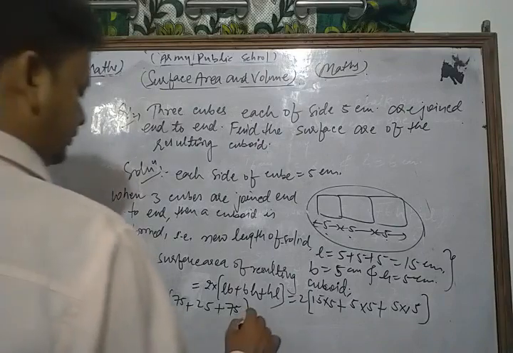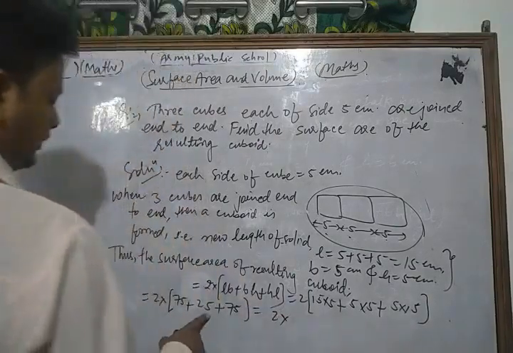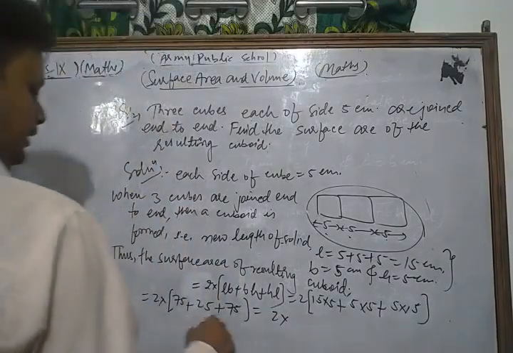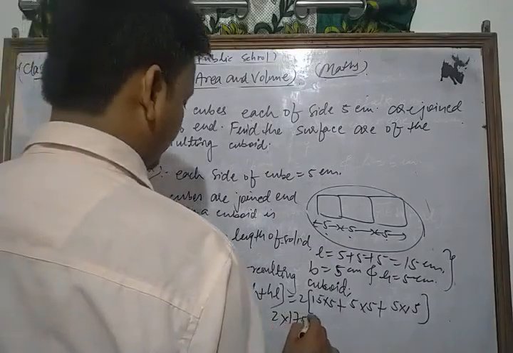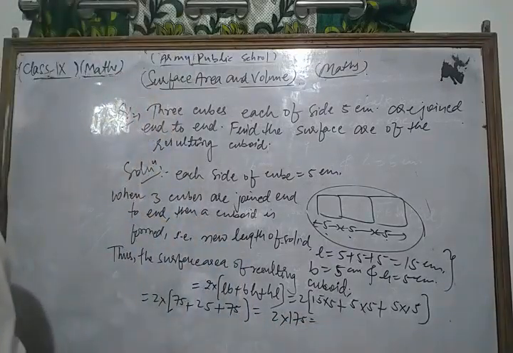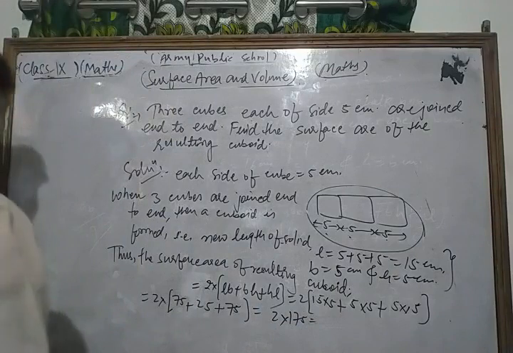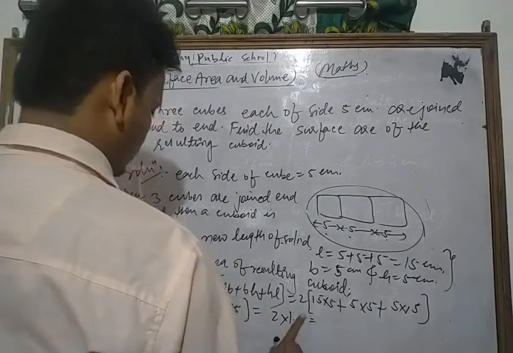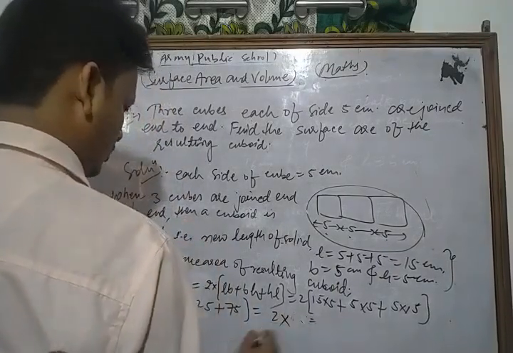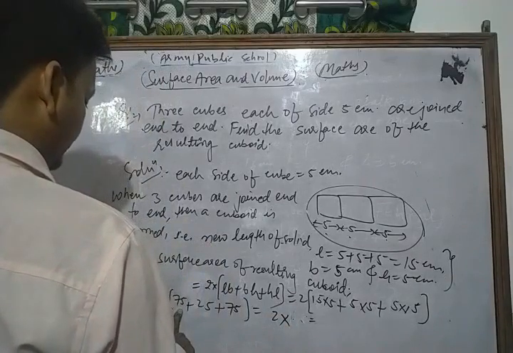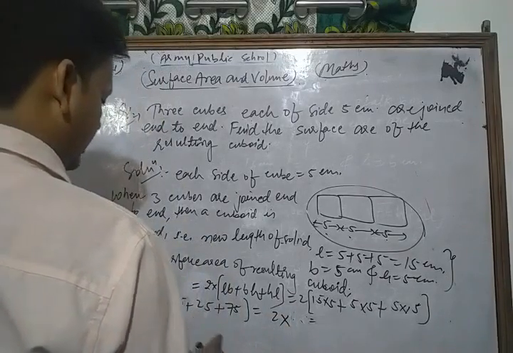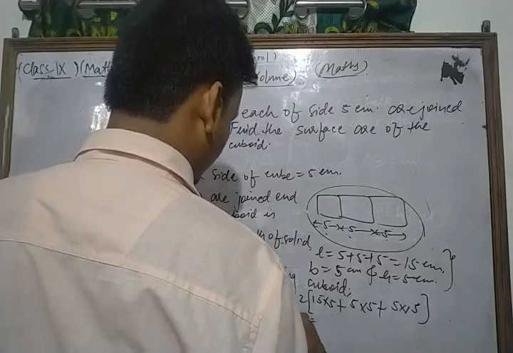Okay, now look, 2 into 75 is 150, plus 25 is 175, adding them, 25, 100 to 175.